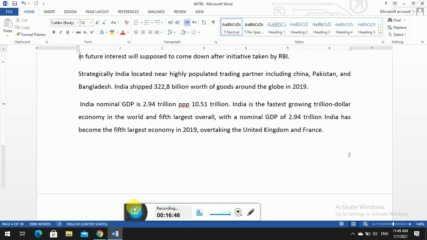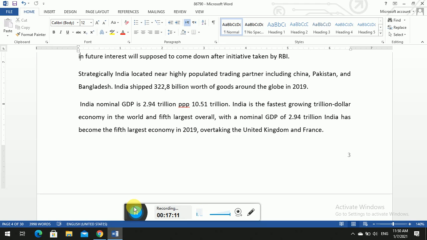They were seventh after the UK or France or some other country, but in the last 2-3 years I think India has overcome the UK. Now India is ahead of the UK and France from an economic perspective.